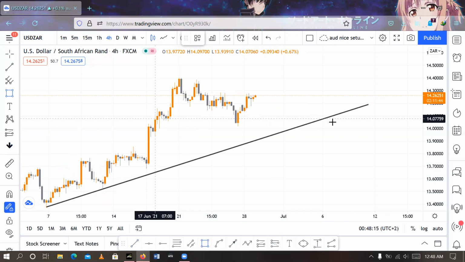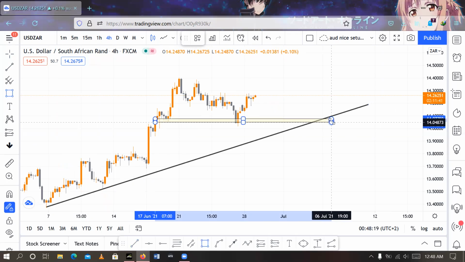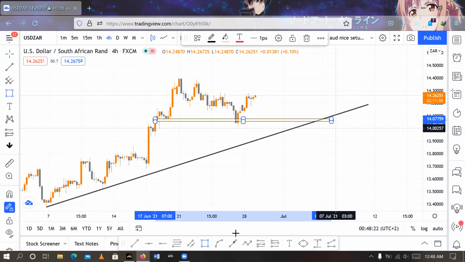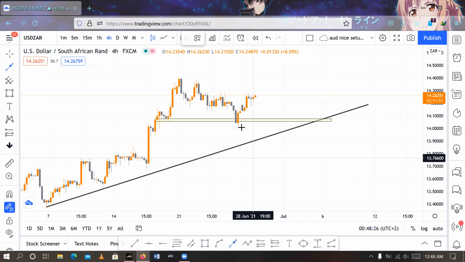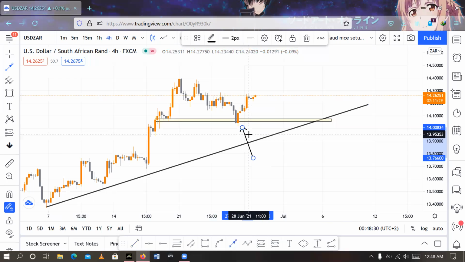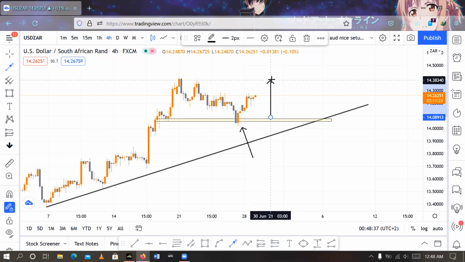Now we can clearly see that the market has actually come to that level, right? To test that level, and then now it's pushing to the upside from that level, right?